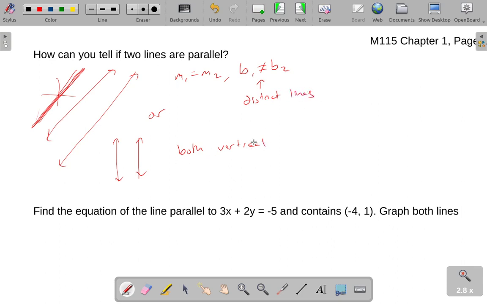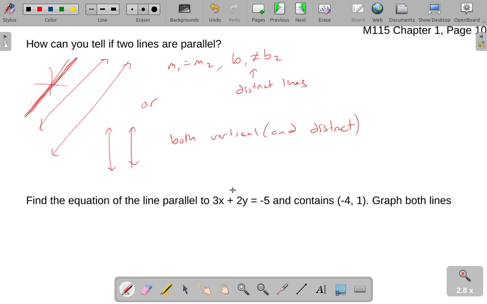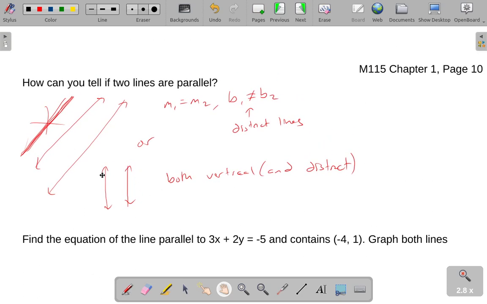And as far as vertical lines, I'm going to add "and distinct." So distinct vertical lines would be parallel. I said specifically if they're both vertical and distinct vertical lines, I kind of had to make this a special case.